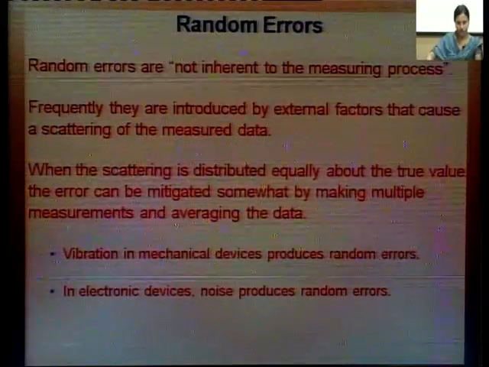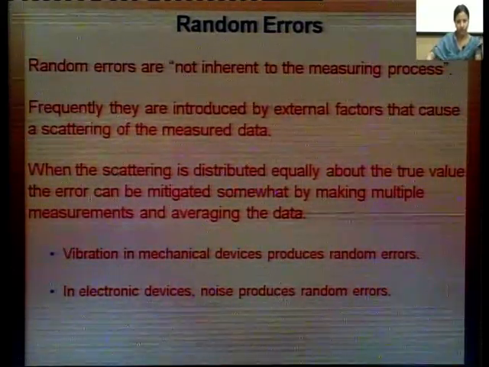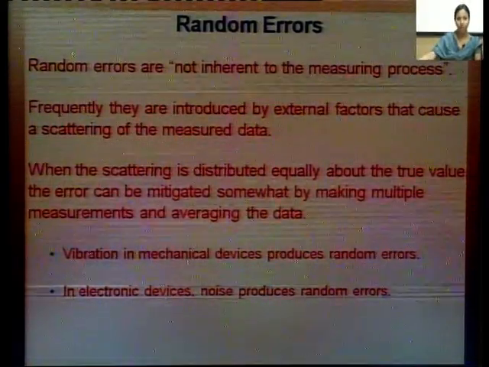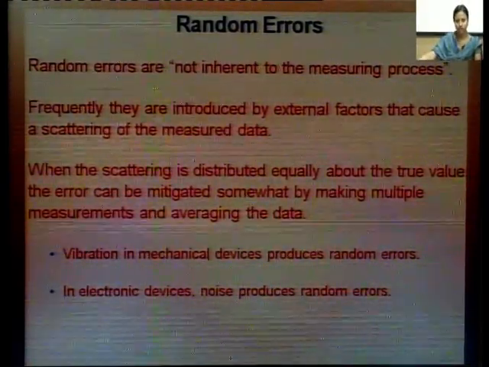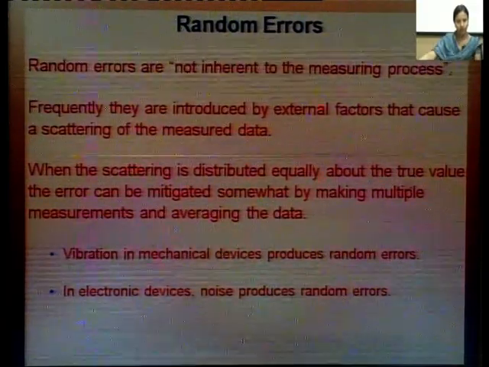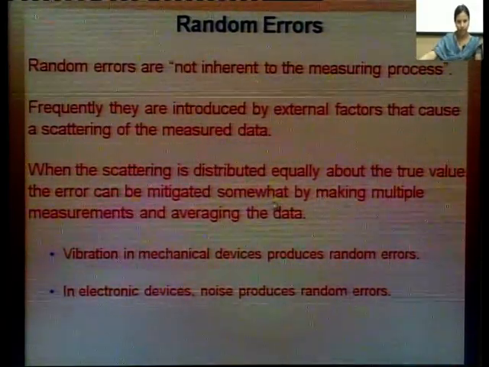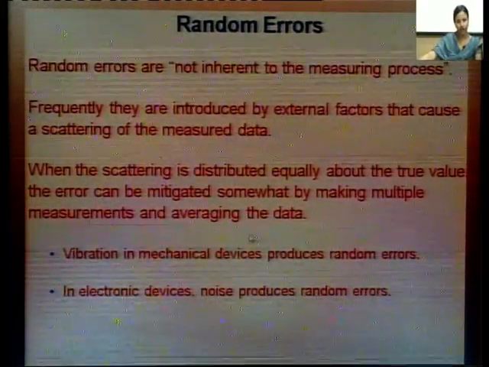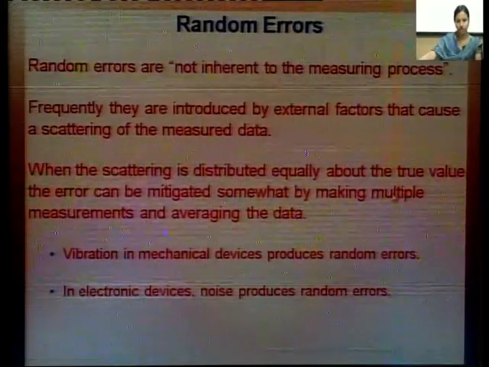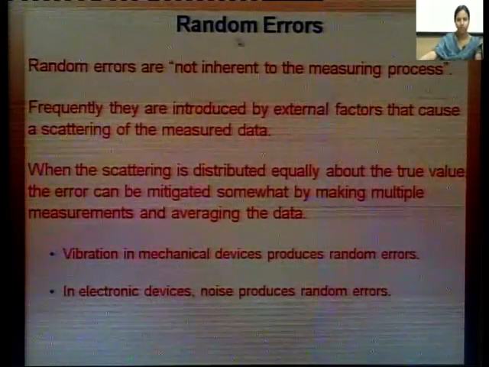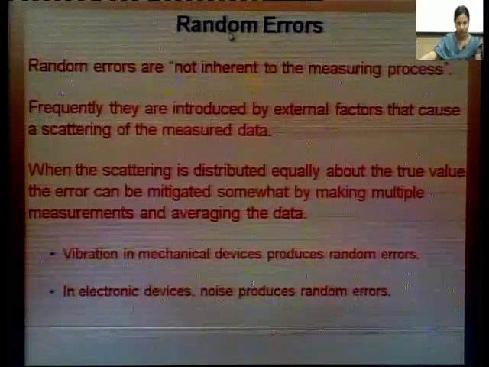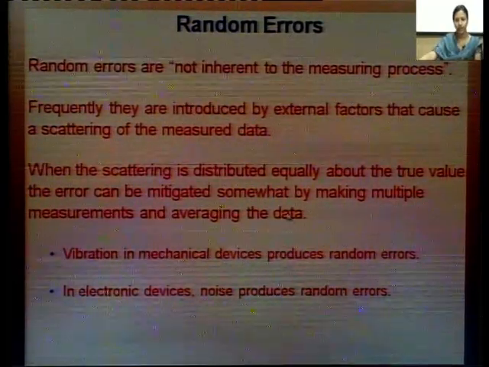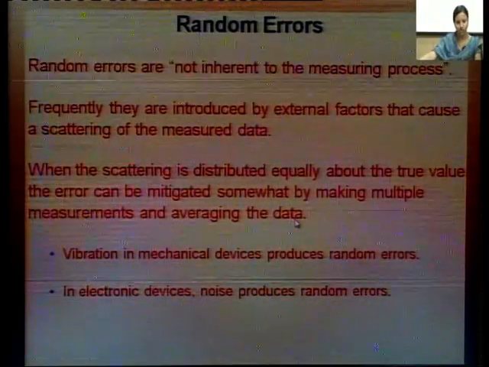Frequently they are introduced by external factors that cause a scattering of the measured data. When the scattering is distributed equally about the true value, the error can be mitigated somewhat by making multiple measurements or averaging the data. This is very important in random error. For the removal of random error, we have to increase the number of readings and take the average of all the readings.